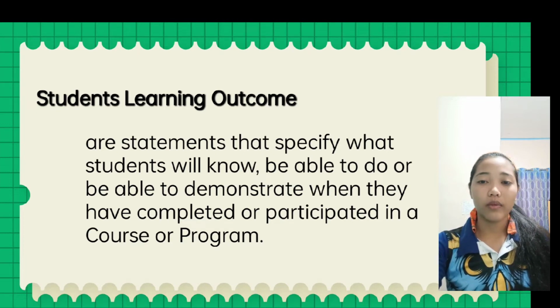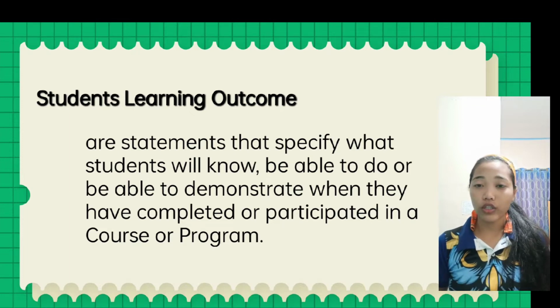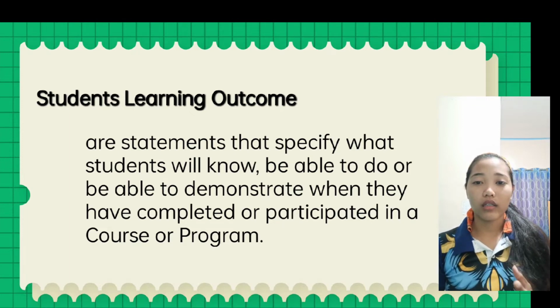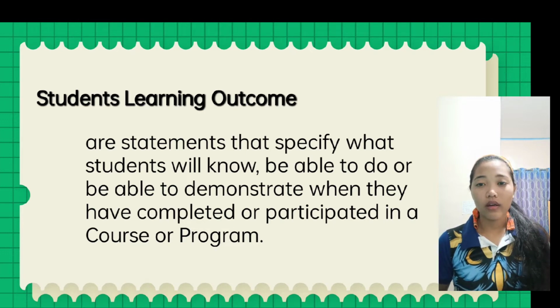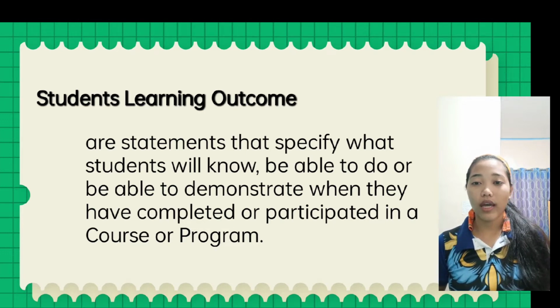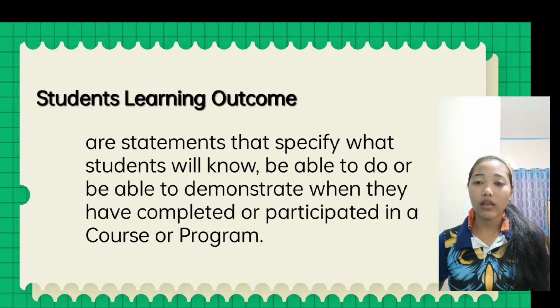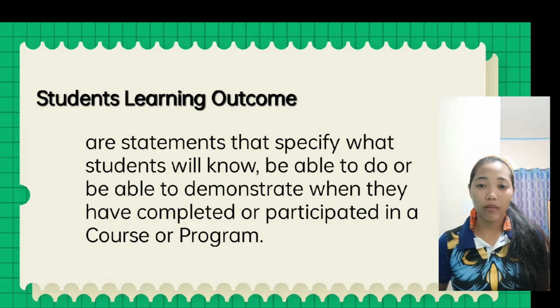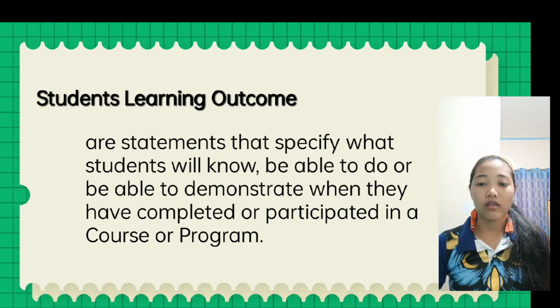Student learning outcomes specify an action by the student that must be observable, measurable, and be able to be demonstrated. So that is what student learning outcome means.